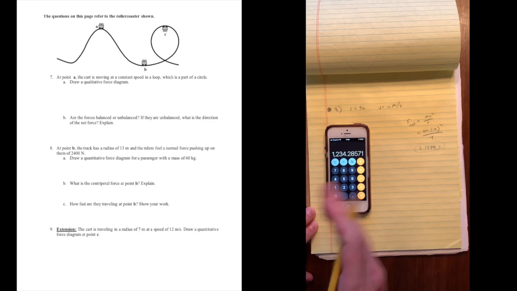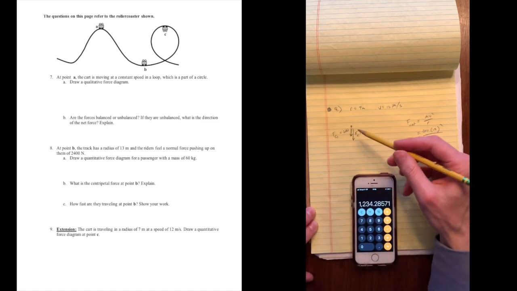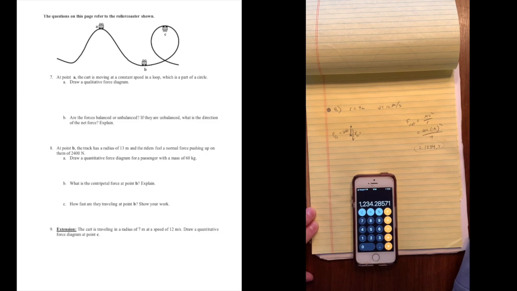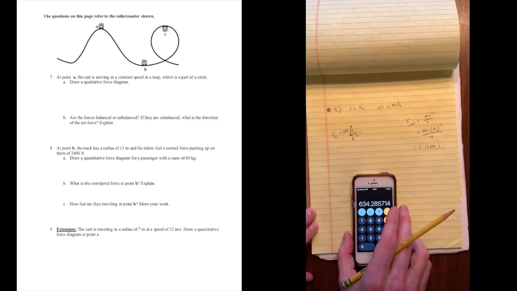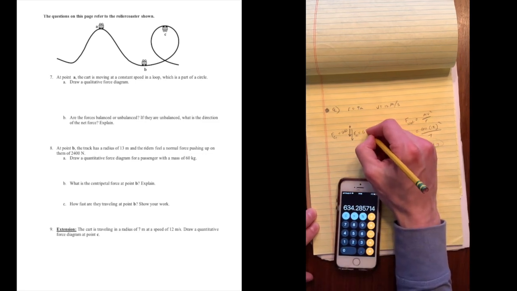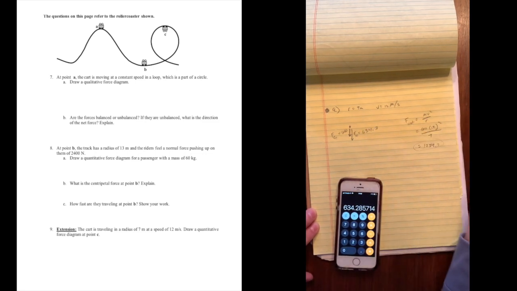So that's our net force, which means the combination of all of the forces pointing down is 1,234.3. So 600 of that is coming from gravity. So then the normal force must be that minus 600, which is 634.3, whatever, that'll work. So that's your answer.